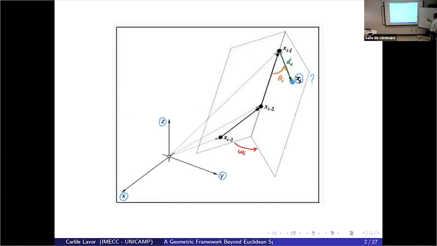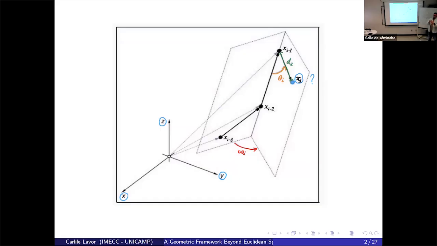Why is it good to use internal coordinates? Because, for example, when we study proteins, we can consider that the bond lengths and the bond angles are fixed. So here, the only degree of freedom is given by the torsion angle.